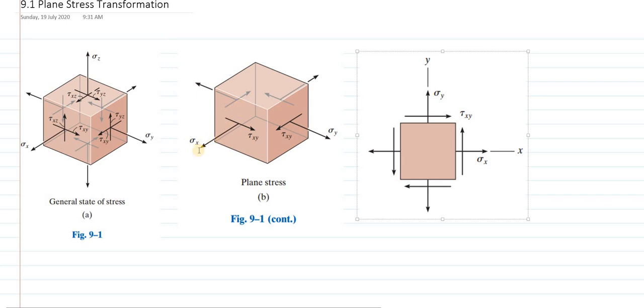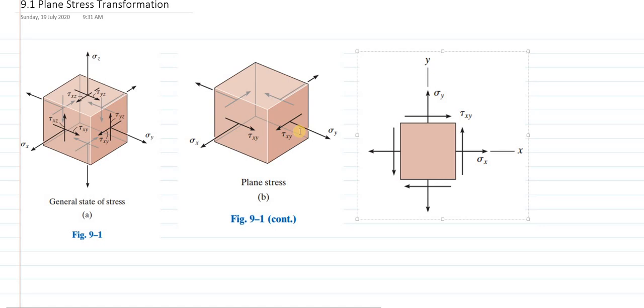You can see that all these arrows, sigma x, sigma y, and these four arrows representing shear stresses, all lie in a single plane. If you consider a plane, for example, at mid-height of this cube, you will see that all these vectors lie in a single plane.